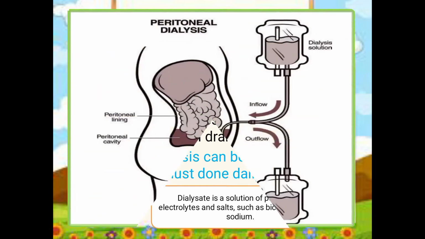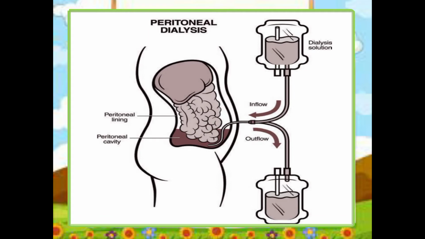Here you can see the pictorial representation of peritoneal dialysis. In one of the above pouches, there is dialysis solution that is inflowing into the peritoneal cavity. When it mixes with blood, it extracts all the waste material from the blood. Clean blood is returned back to the body while the waste dialysis solution is outflowed from the body.